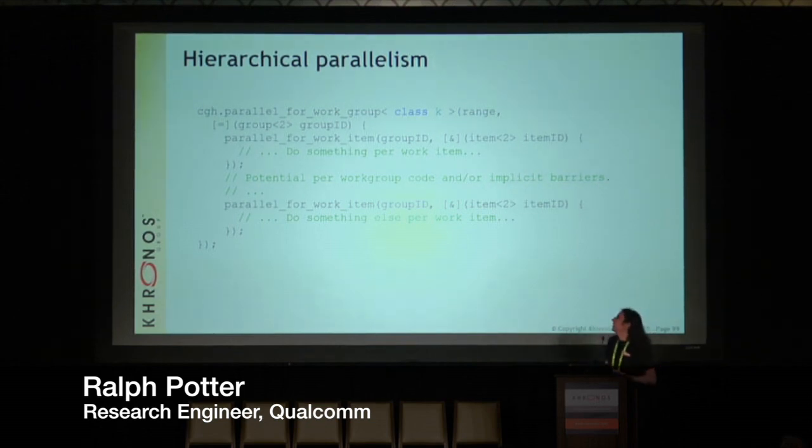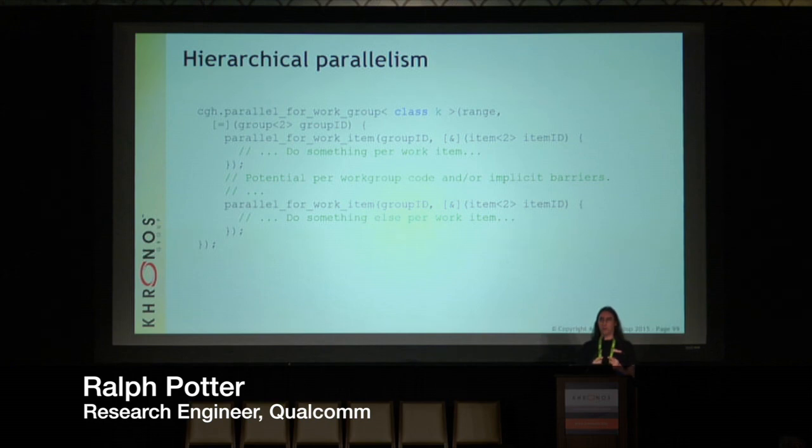So if we look at this example, at the top we have a declaration of something that we're saying we're going to run in parallel, we're going to run a number of work groups. But then inside that immediately we have another block that says we've got a block of code that we want to run per work item across the work group. Now that, inside that per work item, is what you're used to in OpenCL. But then I have another comment immediately after that block that says we're transitioning back to the work group scope.